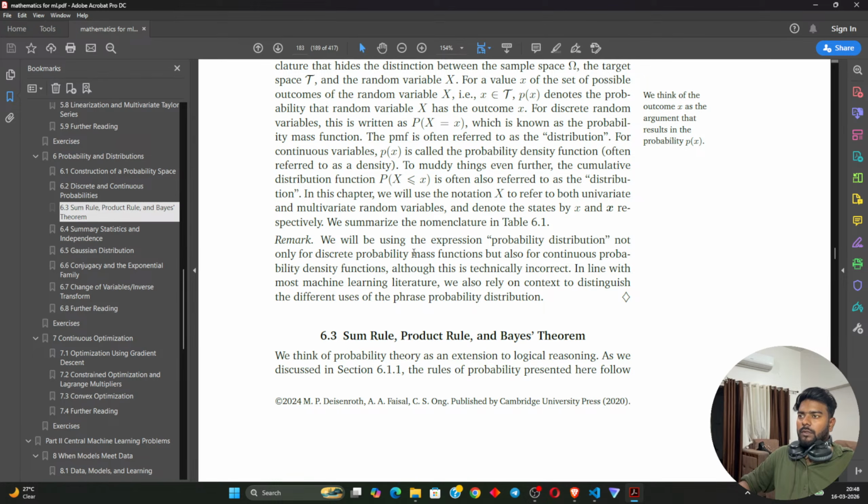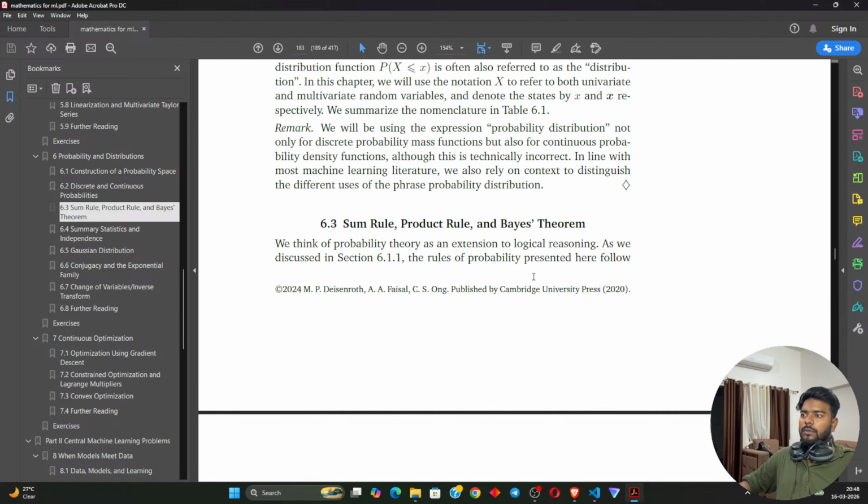It is remarkable to use the expression probability distribution not only for discrete probability mass functions but also for continuous probability density functions. Although this is technically incorrect, in line with most machine learning literature, we also rely on context to distinguish the different uses of the phrase probability distribution.